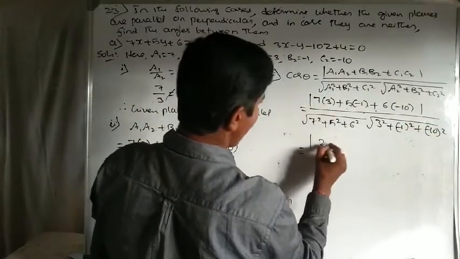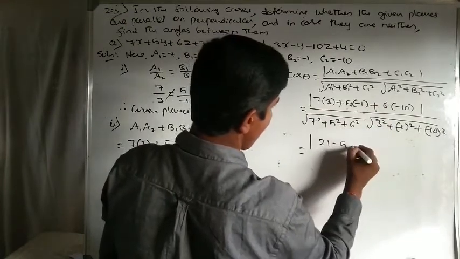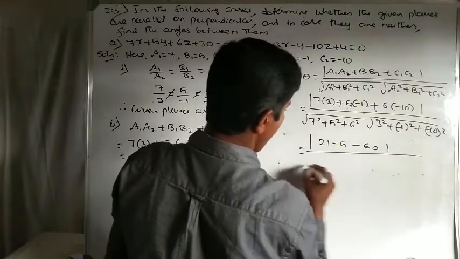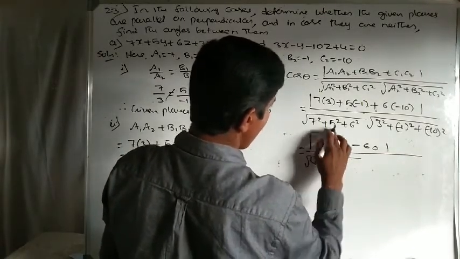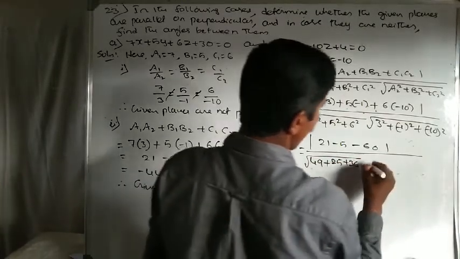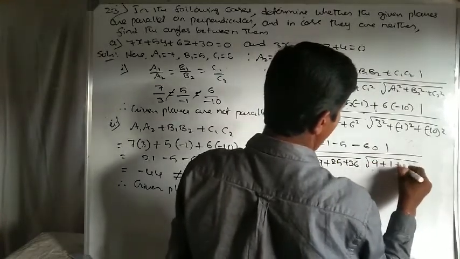That is, 7 into 3 is 21, 5 into minus 1 is minus 5, plus 6 into minus 10 is minus 60, divided by square root of 49 plus 25 plus 36, into square root of 9 plus 1 plus 100.